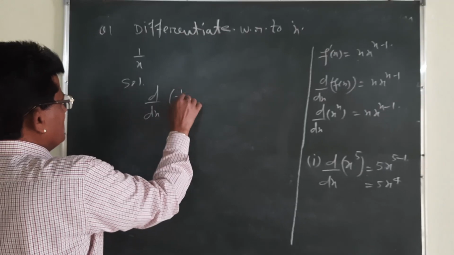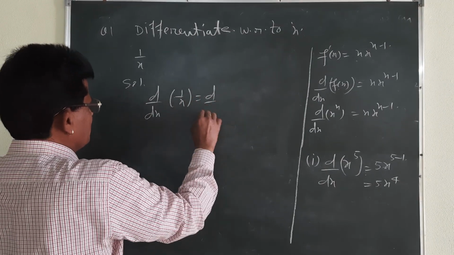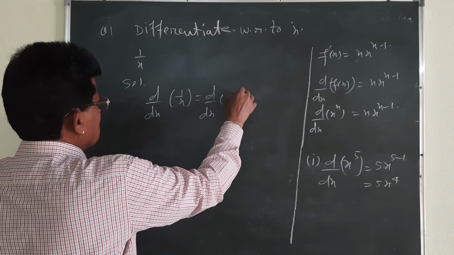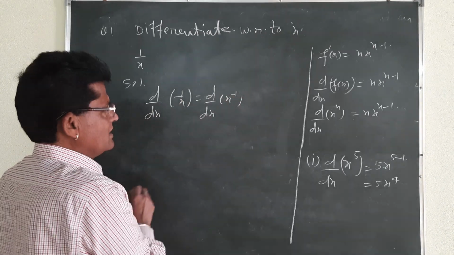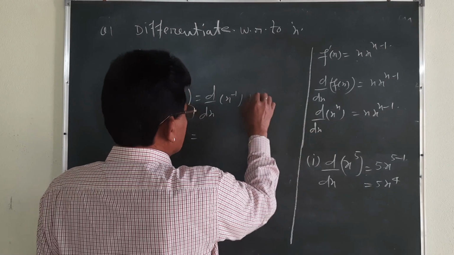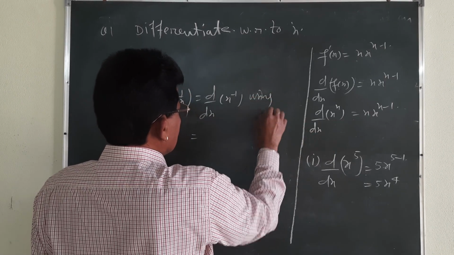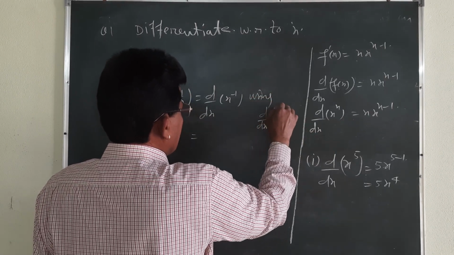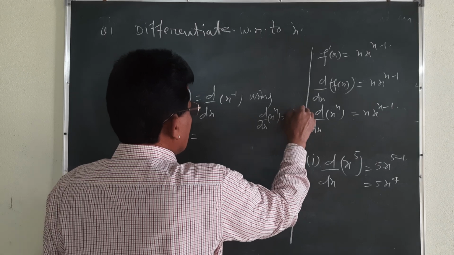Differentiate the function 1 upon x. Or you can write it in that way, x to the power minus 1, because the power is minus 1 and you take it in the numerator. Use the same formula you are using, d upon dx, x to the power n is equal to n x to the power n minus 1.